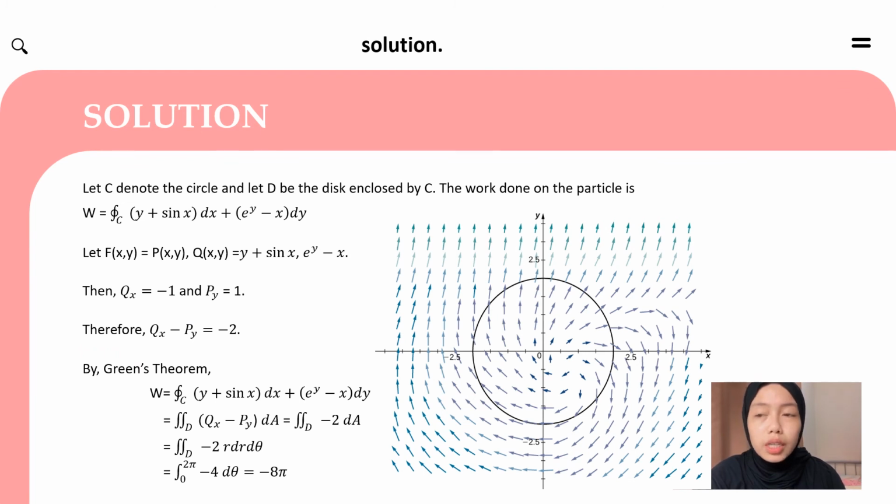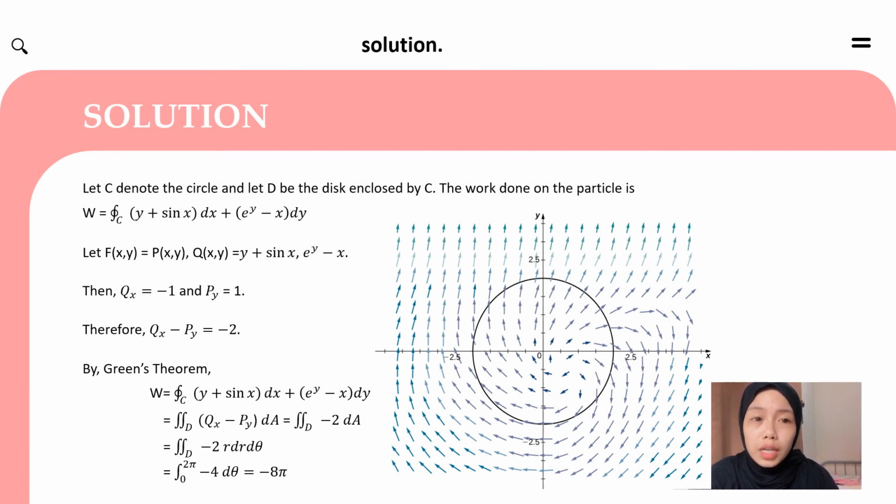For the solution, let C denote the circle and let D be the disk enclosed by C. Then we have to identify the functions P and Q from the equation of the work done on the particle. The function P is y plus sine x, while the function Q is e to the power of y minus x.